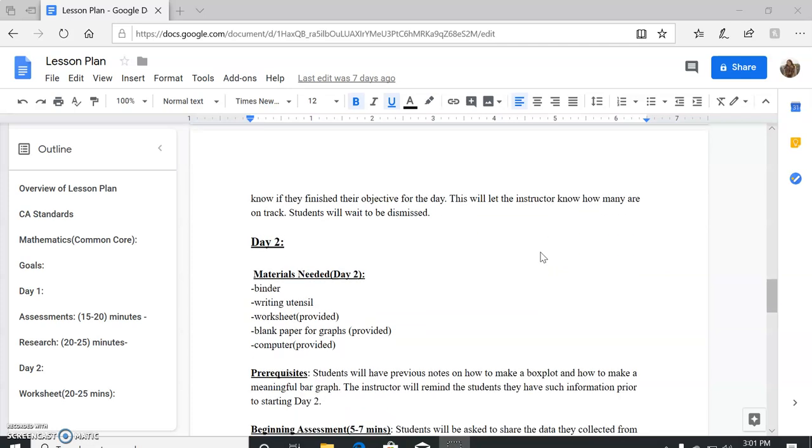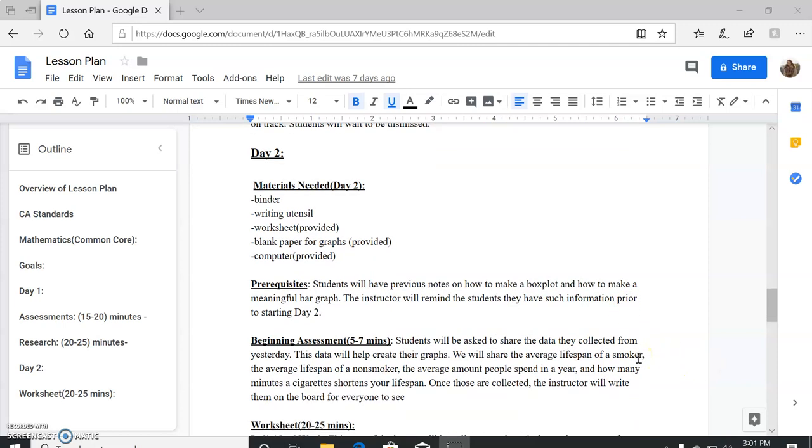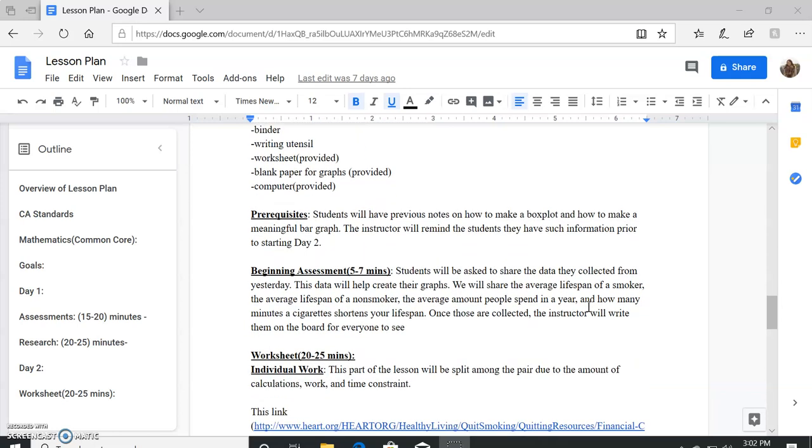For day 2, the materials are listed below as well. For this, it involves a little bit of knowing how to make these graphs that I expect them to. So beforehand, they will already know how to make a box plot and how to make a meaningful bar graph before they start this day 2 portion. The beginning assessment for this class period will be shorter, 5 to 7 minutes.